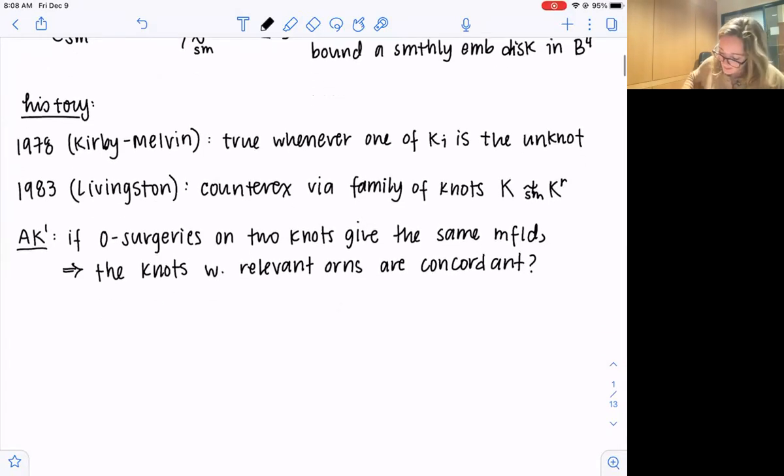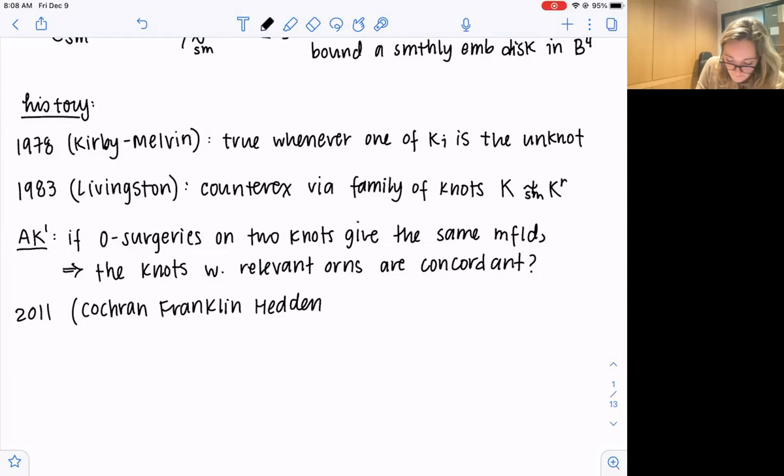Okay. And then it wasn't until 2011, and this is a result of Cochran, Franklin, Hedden, and Horn, who showed the following.